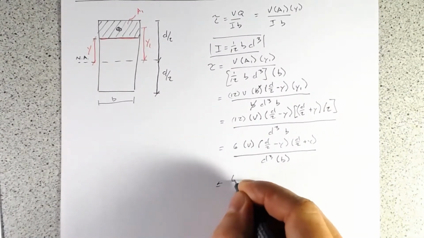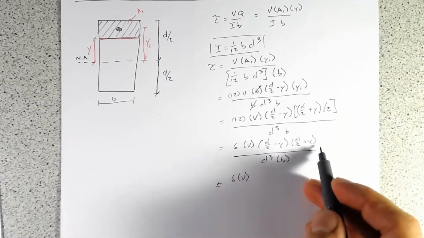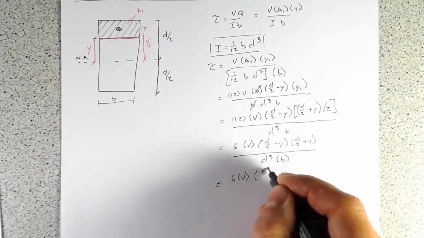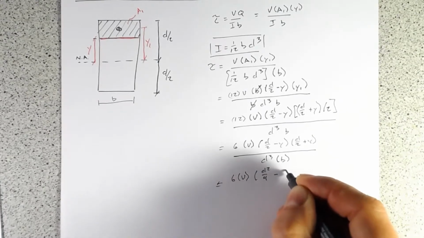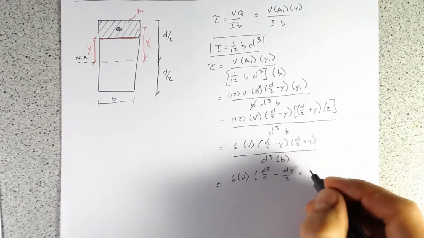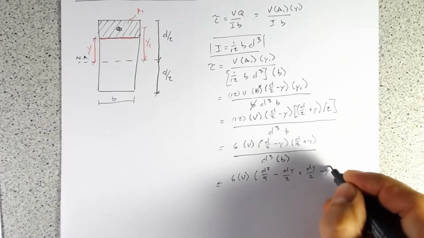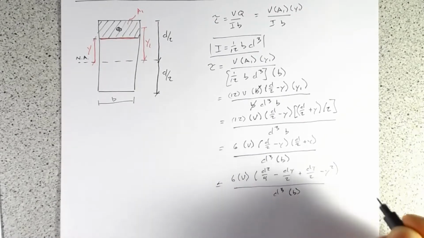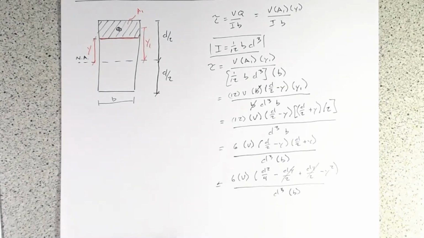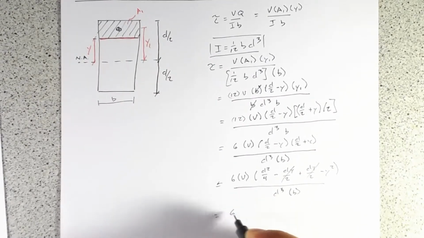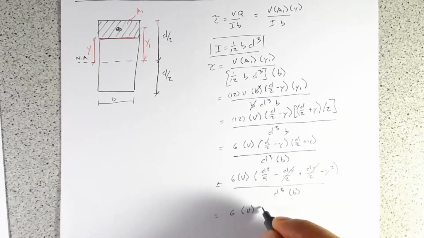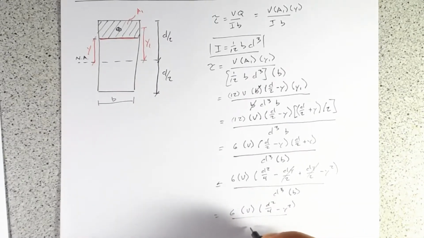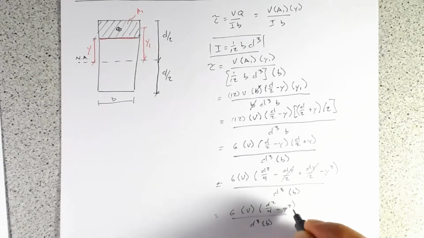We end up with 6 times V, first, inside, outside, last: D squared over 4 minus Dy over 2 plus Dy over 2 minus y squared, all over D cubed times B. These two cancel out, and we end up with 6 times V over D squared over 4 minus y squared, over D cubed times B. Multiply that by 4.